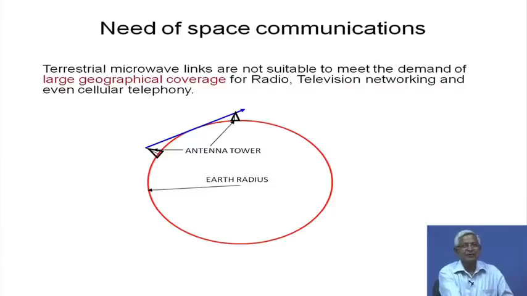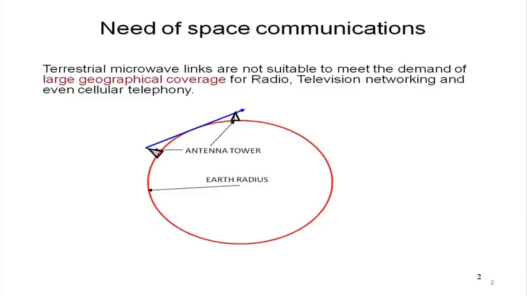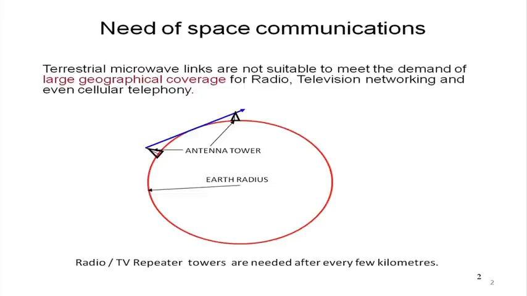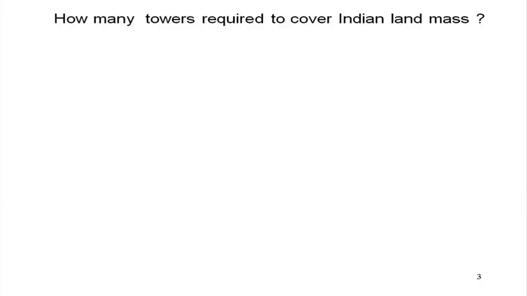Therefore, only a short distance can be covered, and you can see that our mobile towers cover a smaller distance. In the earlier days, the large radio and television towers, which some of you might have seen in big cities, covered only the city.